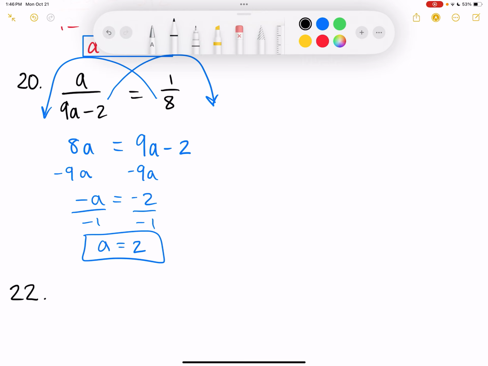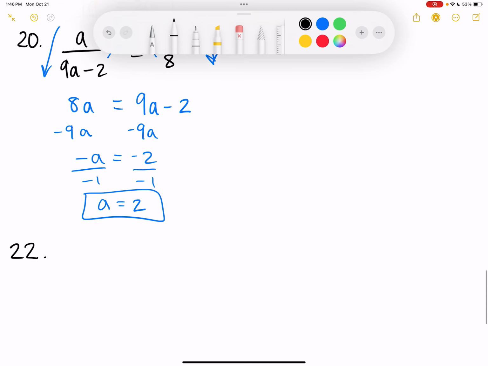All right, I'm going to have you do the same thing on this one, except this one's harder. Work this one on your own as well. c minus 8 over negative 2 equals 11 minus 4c over 11. Nice. So take a minute and work that one as well.